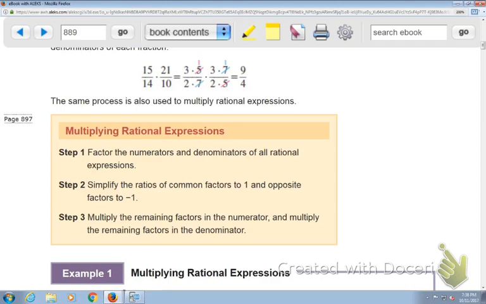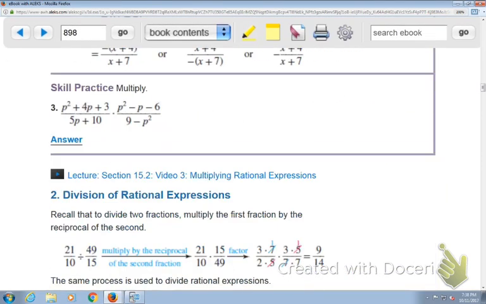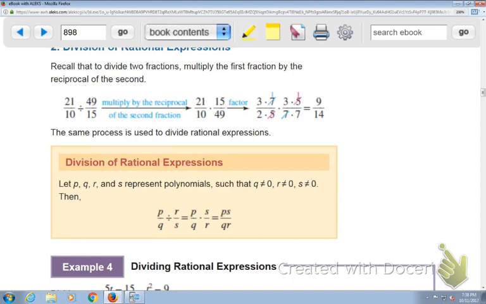Okay, so that's multiplying. What comes next? Indeed, we shall divide. And you guys know how to divide fractions already. If I have p over q divided by r over s, how do you divide two fractions? You multiply the first one by the reciprocal of the second.